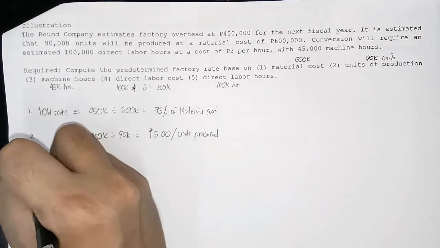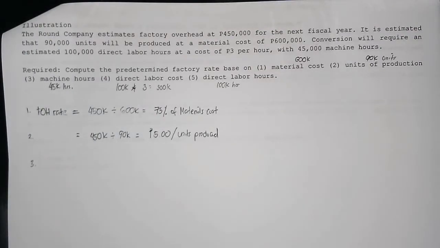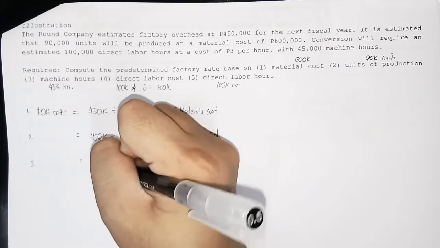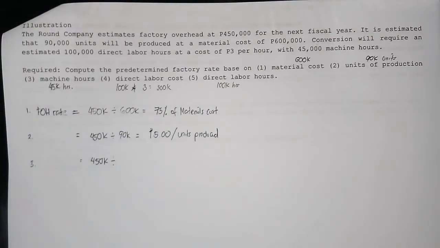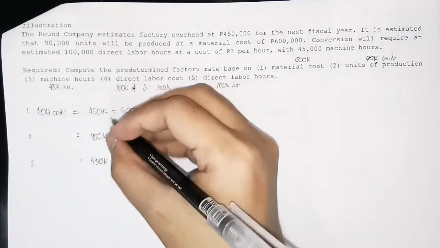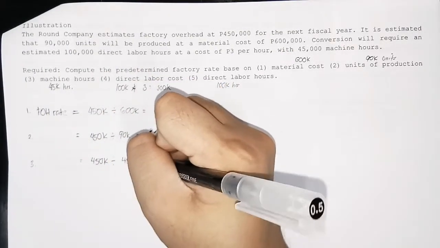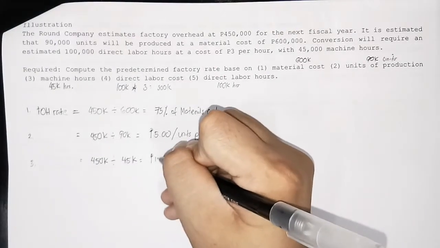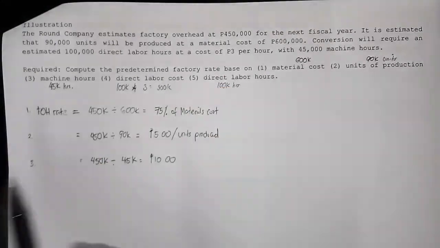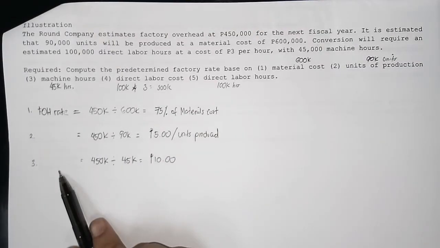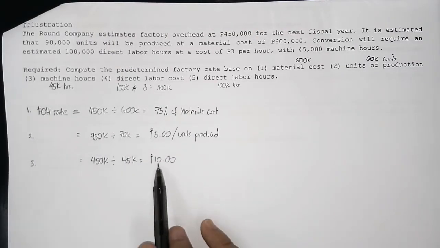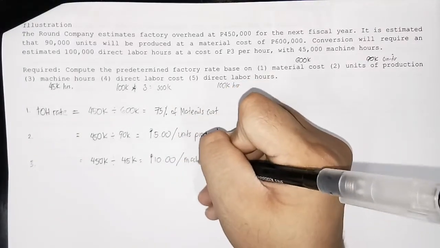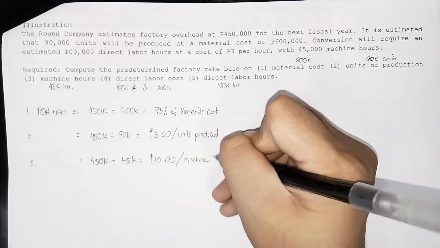Number 3, machine hours. Factory overhead rate is equal to 450,000 divided by number of hours, 45,000 hours. That is 10 pesos. Kompletuhin natin. Based on number 3, factory overhead rate is equal to 10 pesos per machine hour.